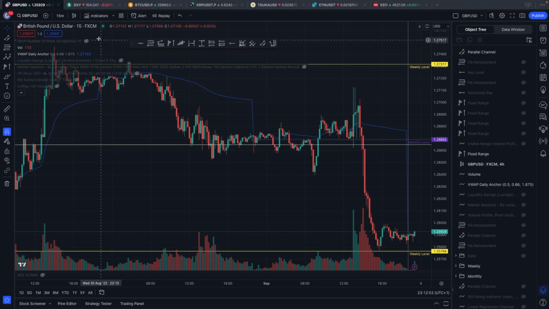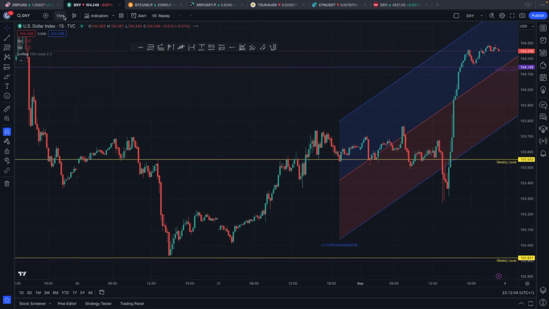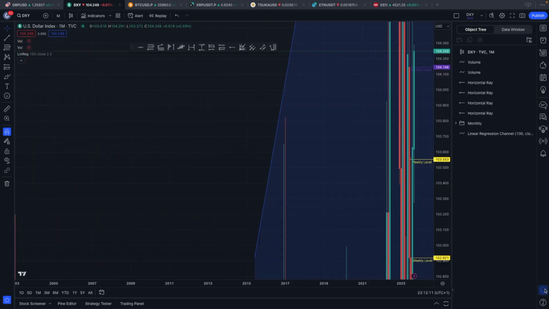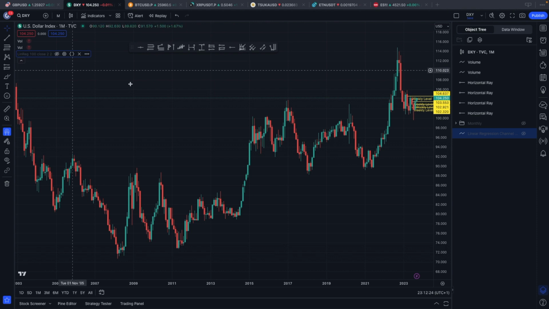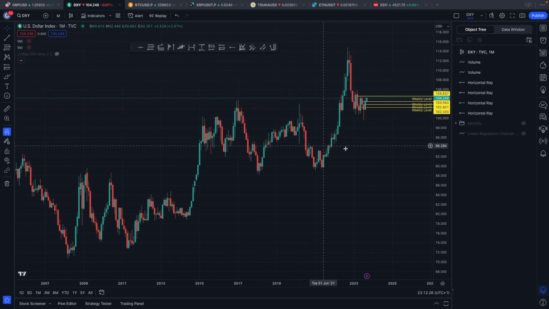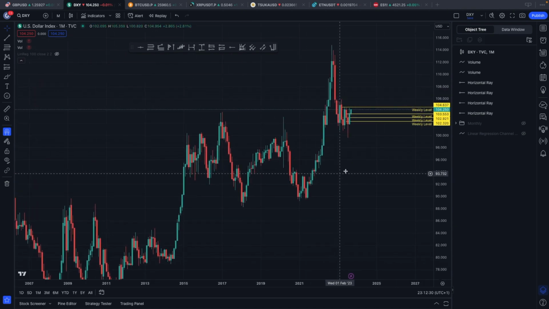And then in terms of the DXY, let's do the monthly level first quickly. Not much. I found this is working better and better now in terms of correlation. So let's get rid of this. Let's have a few weekly levels that are already going on.